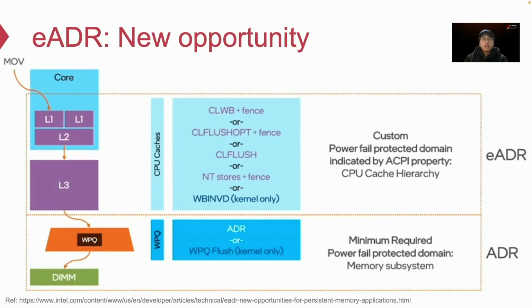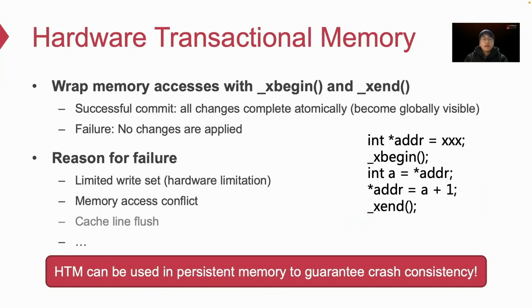In particular, the platforms guarantee the persistence of memory writes once they become globally visible, which means that data modification to the persistent memory no longer requires cache-line flush for persistence. This gives us the possibility of combining RTM and persistent memory to provide atomicity, concurrency, and persistence at the same time.